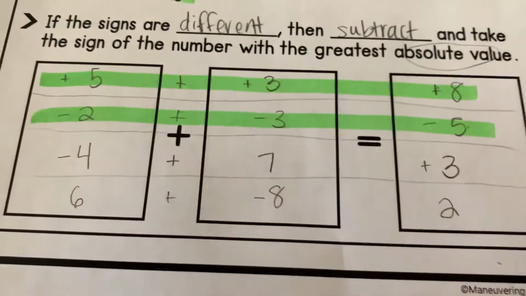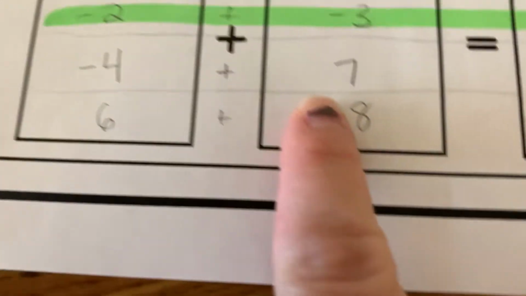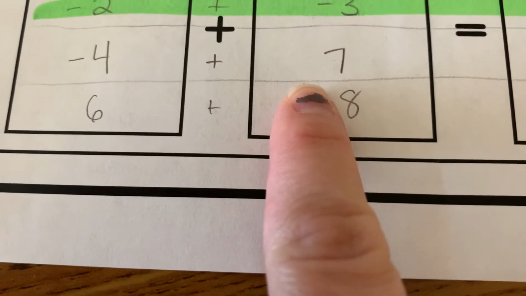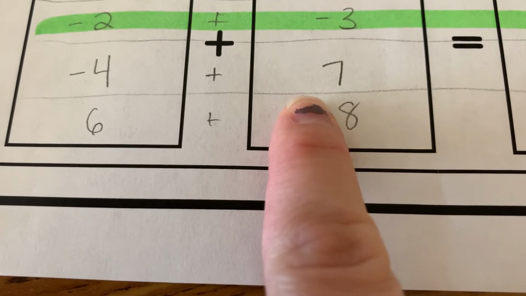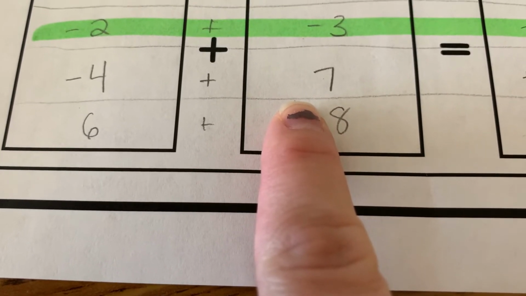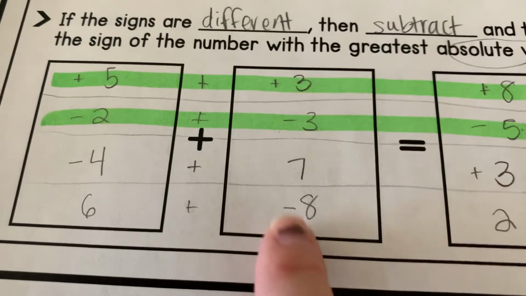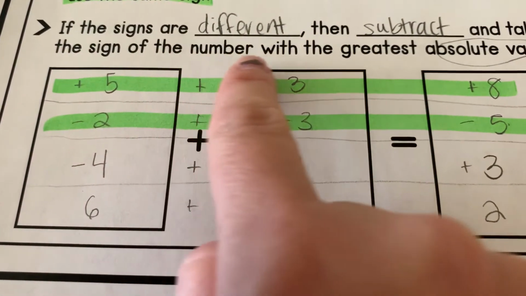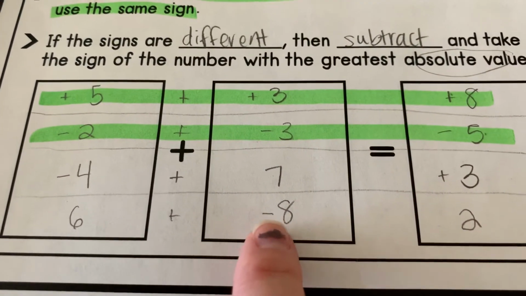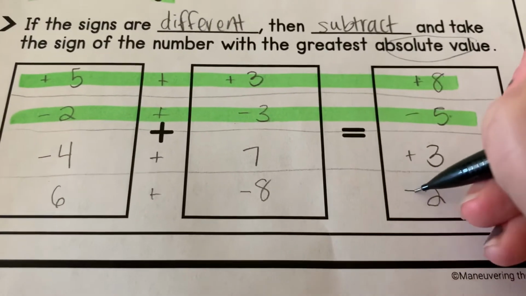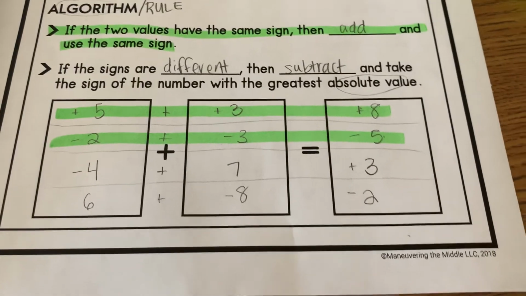Which of these two numbers, 6 or 8, has the greatest absolute value? 8 does, because 8 is farther away from 0. Since 8 is negative, we're going to use that negative sign in our answer. There's your answer, okay?